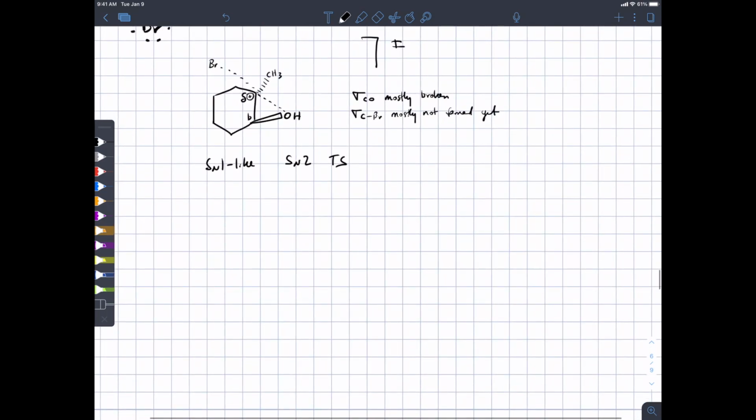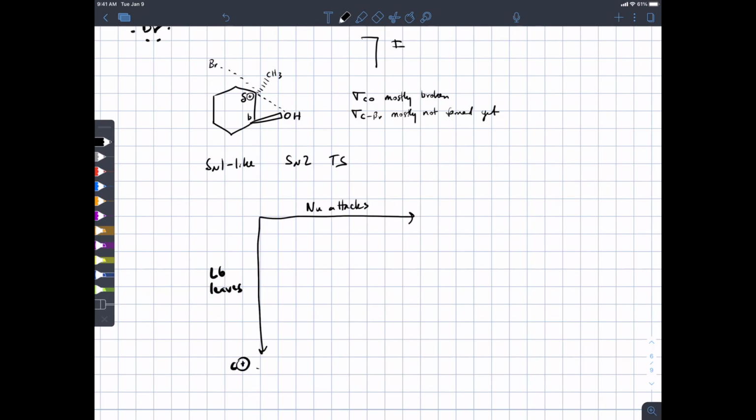What do we mean by that? Well, do you remember when we drew an energy diagram where on this axis we had nucleophile attacks, and on this axis we had leaving group leaves, and we talked about how the SN2 pathway would go, all of that happening at the same time, whereas the SN1 pathway would go here, leaving group leaves, and then we make the product.